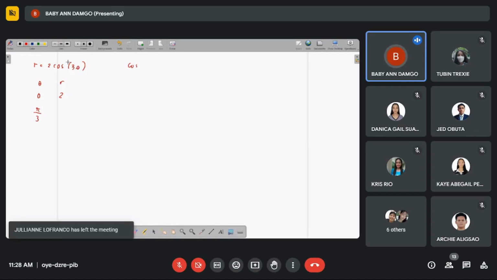Cosine pi is negative 1 times 2, so we have a negative 2. Next, so when theta is 2 pi over 3, so this is cosine 2 pi. So cosine 2 pi is positive 1 times 2, so we have 2. And then when theta is pi, so we have cosine 3 pi. So mura siya 1 revolution here.